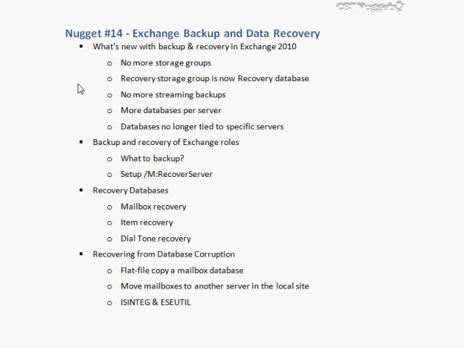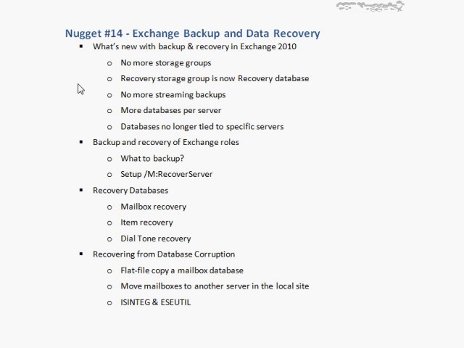I talked earlier, in the nuggets associated with the mailbox server role, about how the databases that you create, because of this concept of database availability groups, are not really tied to a specific server anymore. You can take a database from server A and more or less just mount it to server B, and that database is going to function. What this creates is a concept of mobility for those databases.